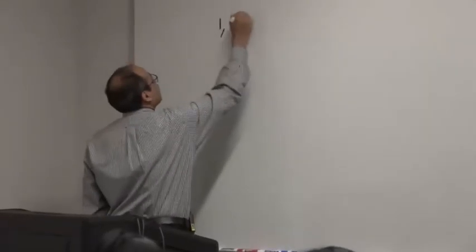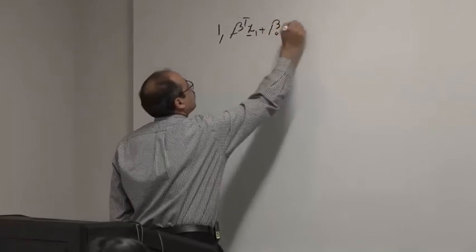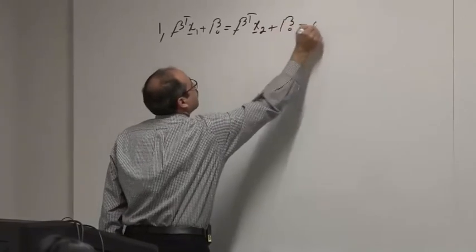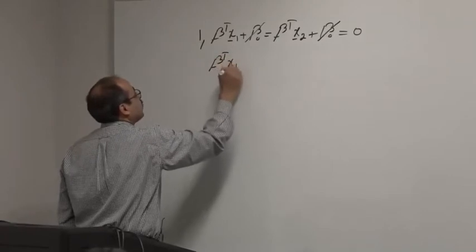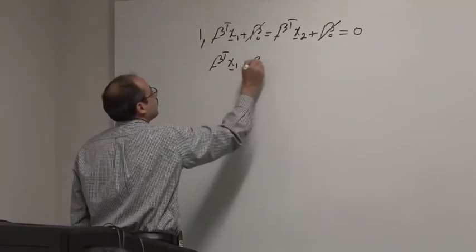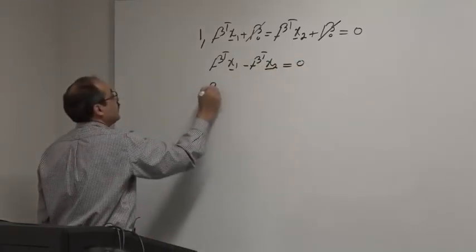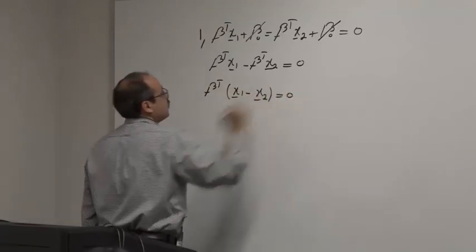So the first thing I can say is that beta transpose x1 plus beta null is equal to beta transpose x2 plus beta null, and it's equal to 0, because both of them are on the hyperplane. So it means that beta transpose x1 minus beta transpose x2 is equal to 0, and it means that beta transpose (x1 minus x2) is equal to 0.